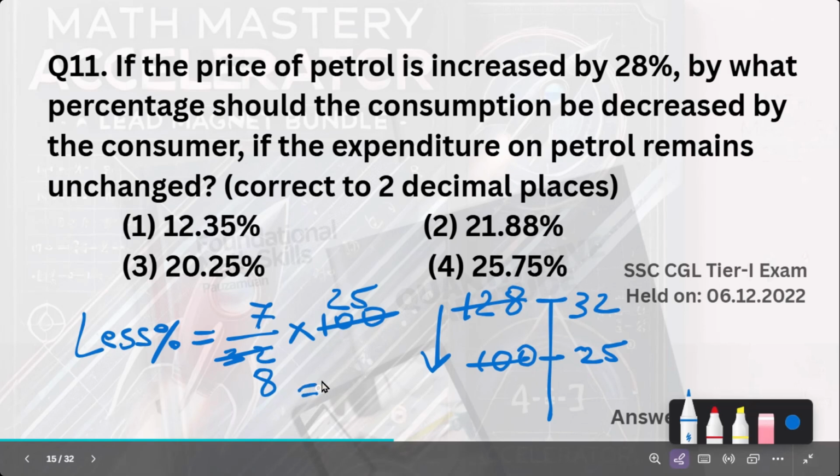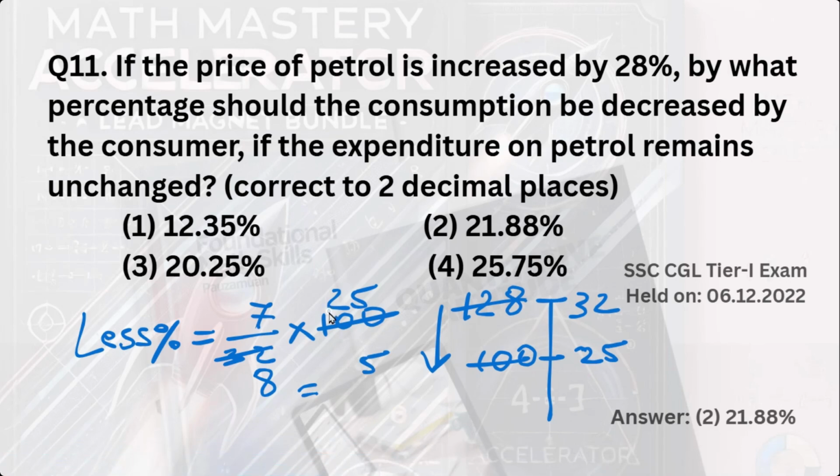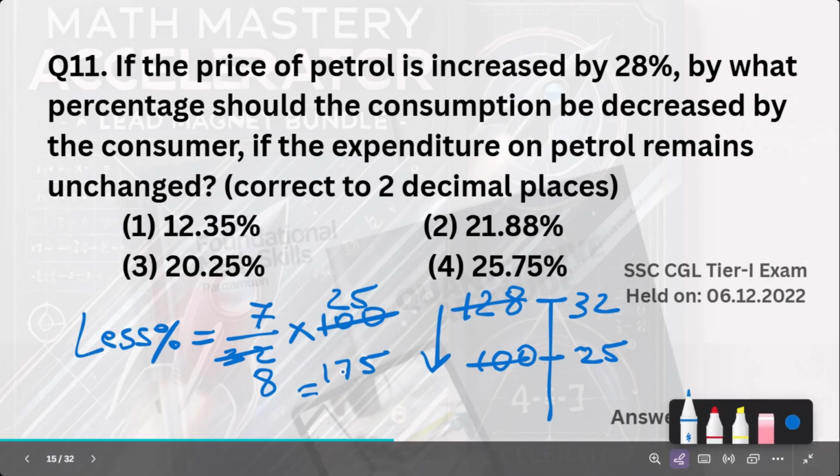Multiply 7 and 25. 7 fives are 35. 7 twos are 14, plus 3, 17.